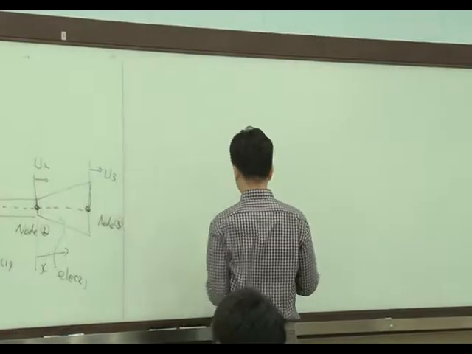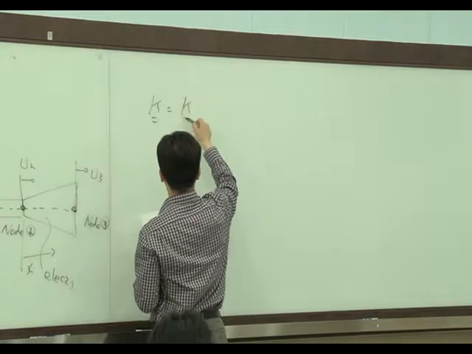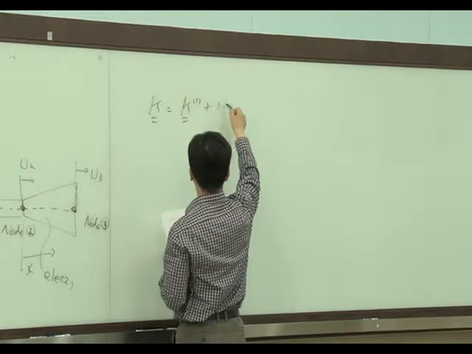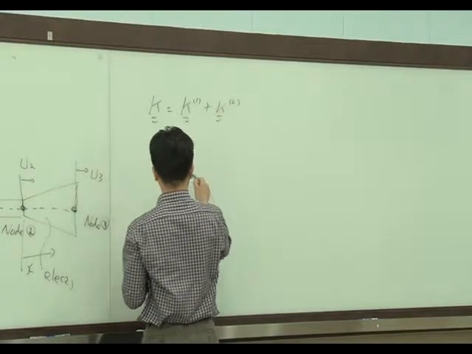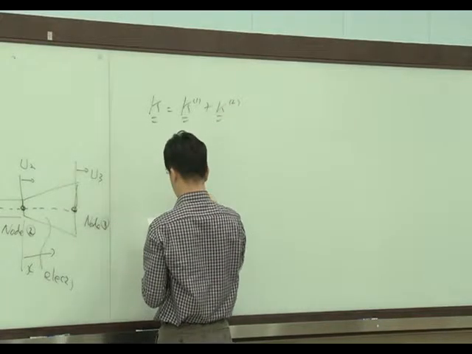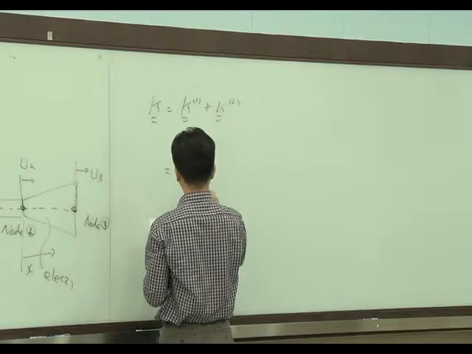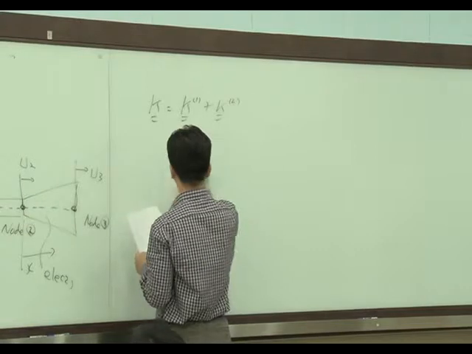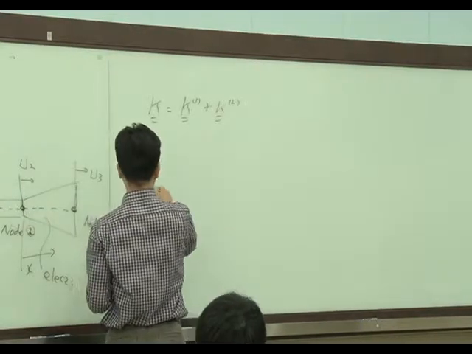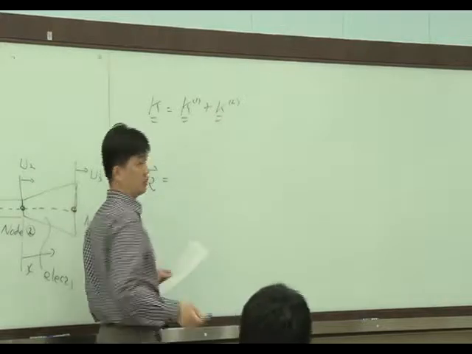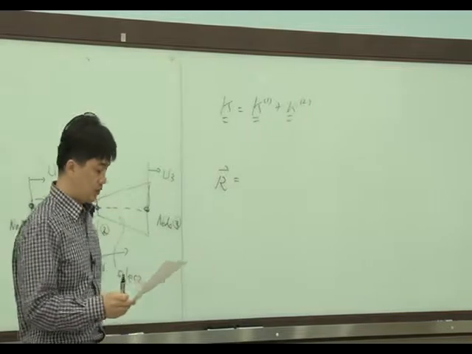Okay, the total stiffness matrix equals just the sum of K1 and K2. Then we can have E over something. Let's also calculate the external force.